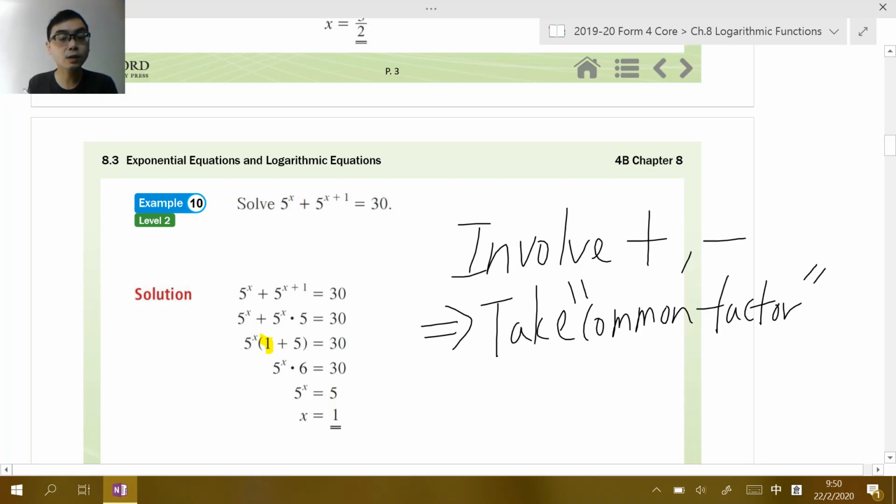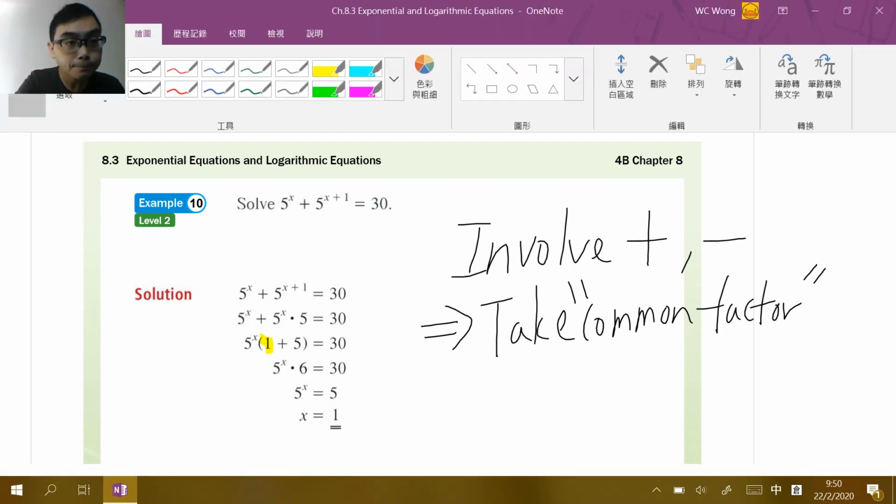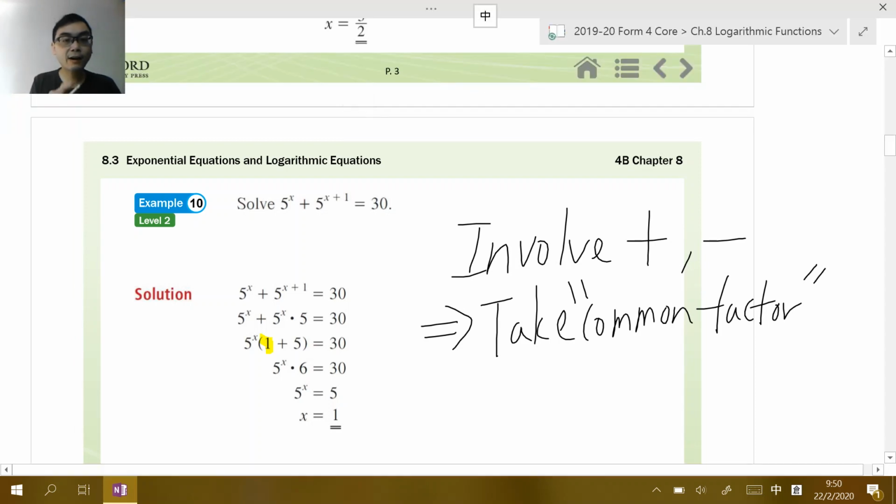So what you can do is take out the common factor. What is the meaning of taking out a common factor? 5 to the power x seems to be the simplest term, and you cannot do anything. But you can see 5 to the power x plus 1, with x plus 1 here. That means you can do something, and we have to change it in this way. So why have we got this one?